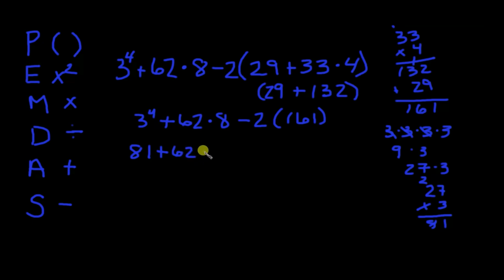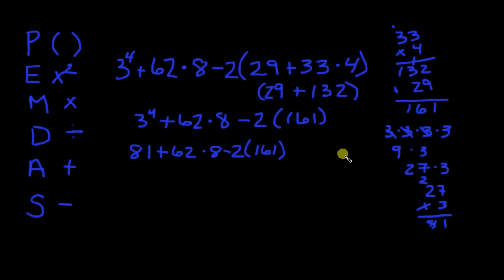I like to always bring it down because it helps us not forget any of the terms that we need to complete. So our next step here is we're going to take this negative 2 and we are going to distribute it with the 161.